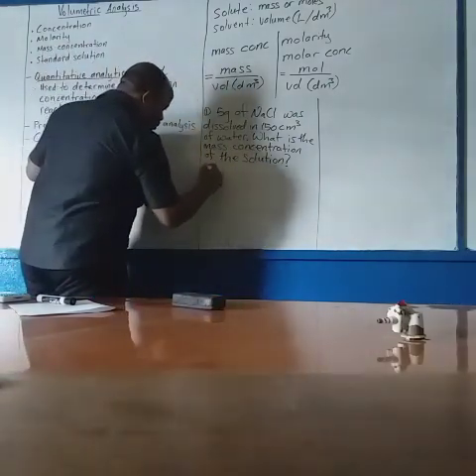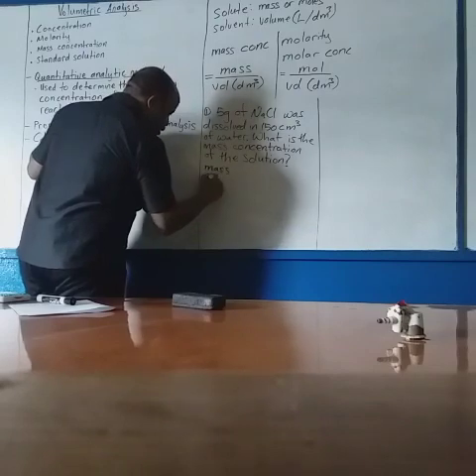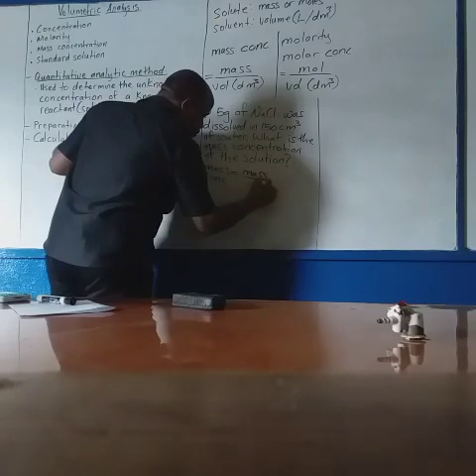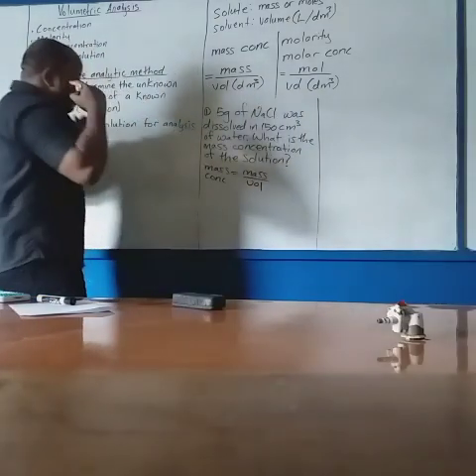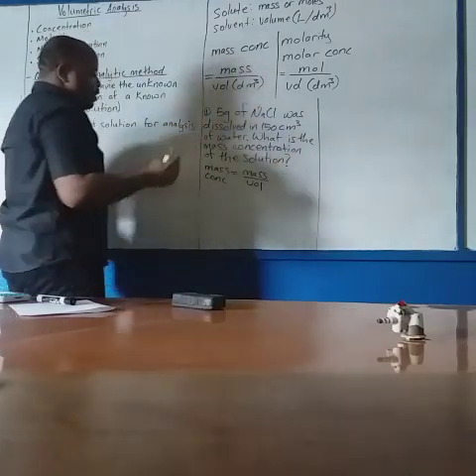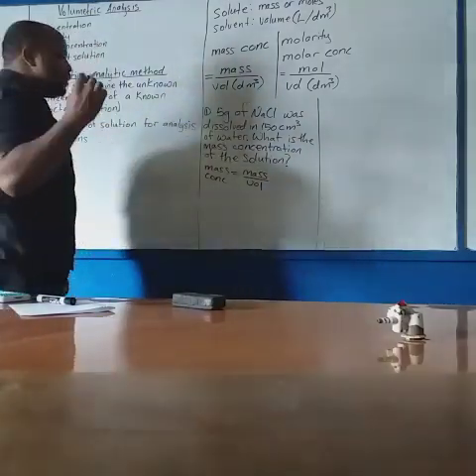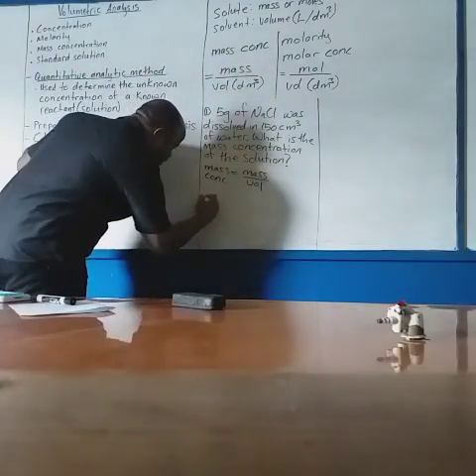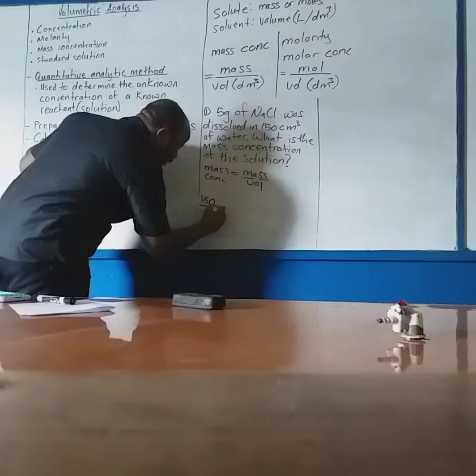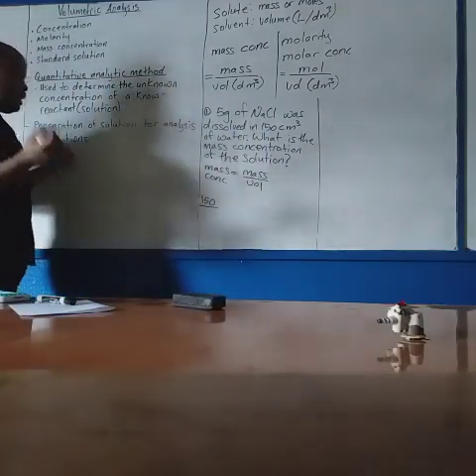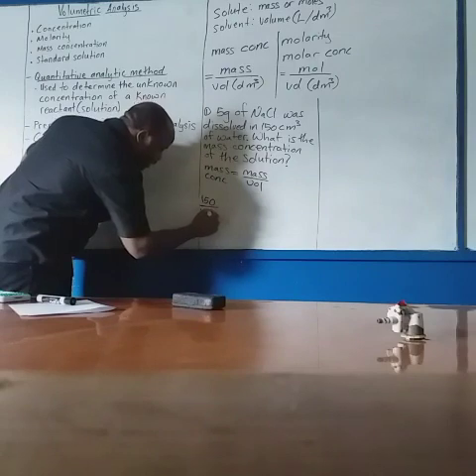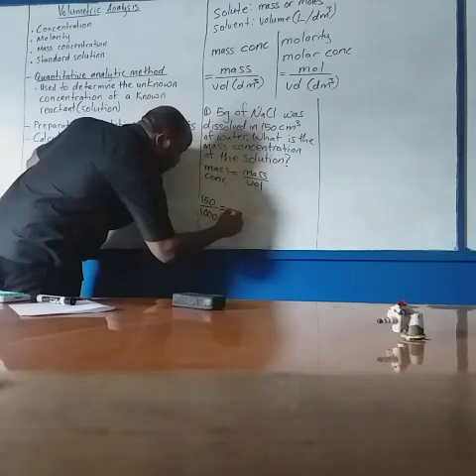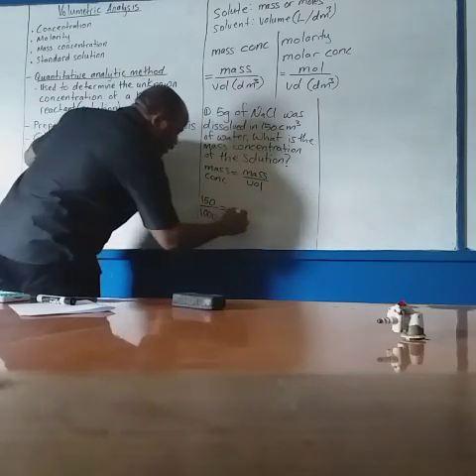So let's go. Mass concentration is equal to mass over volume. The volume must be in dm³. To convert from cm³ to dm³, you would divide by 1,000. So to get the 150 in cm³ to dm³, you would divide by 1,000, and that would give you 0.15 dm³.